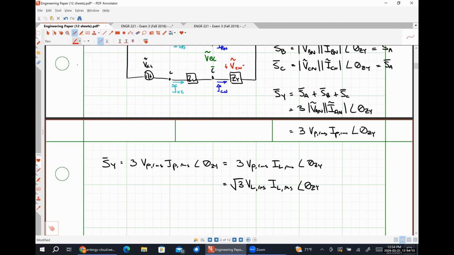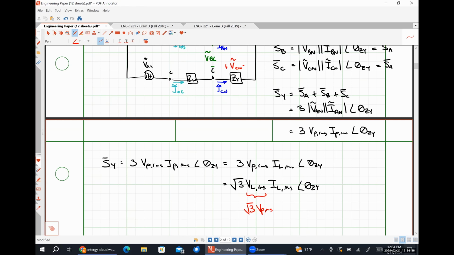Where this guy right here is understood to be root 3 VP RMS, because we know that there's a square root of 3 difference between the phase voltage and the line voltage magnitudes in our Y-connected system.